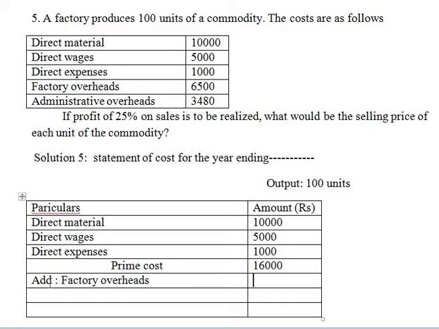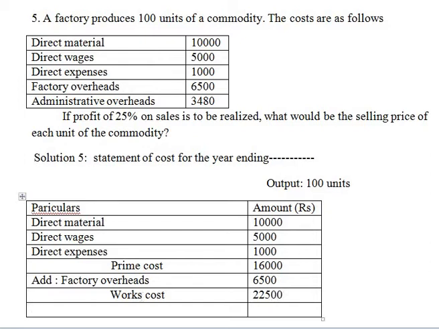Factory overheads they have already given as 6,500. Now the total of this will be called as what? Works cost. Add it. Total is 22,500.